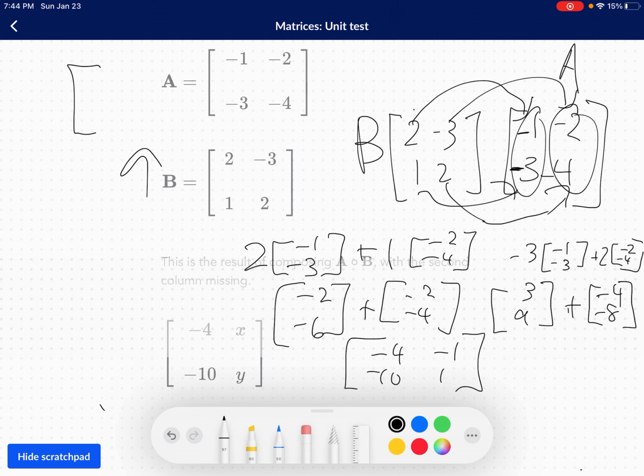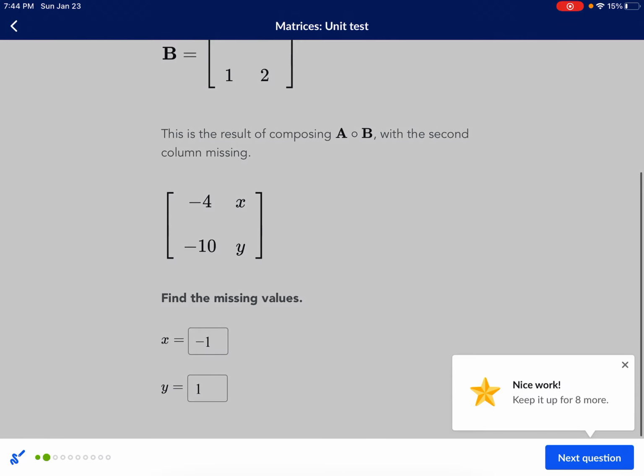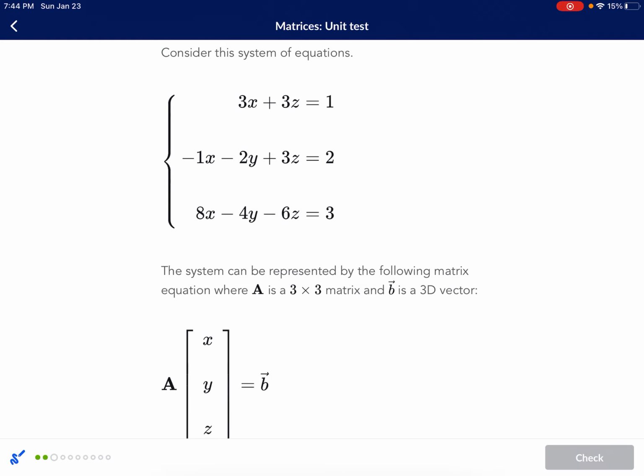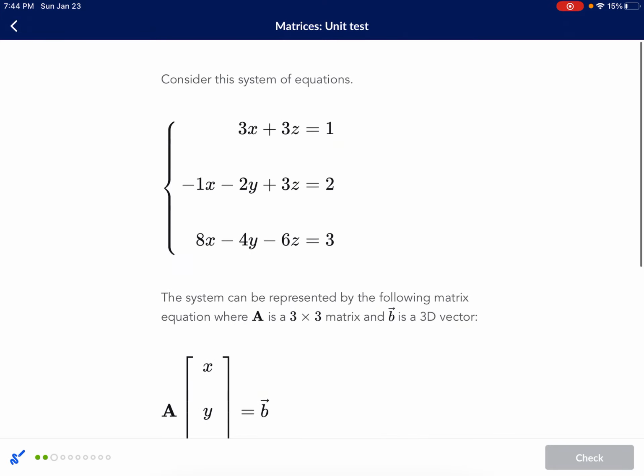Negative 1, 1, right? I don't want to miss. Hopefully I got it correct. Negative 1, 1. Alright. That was more work than necessary.